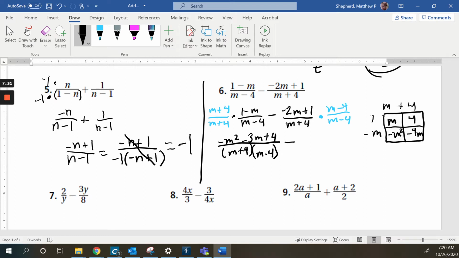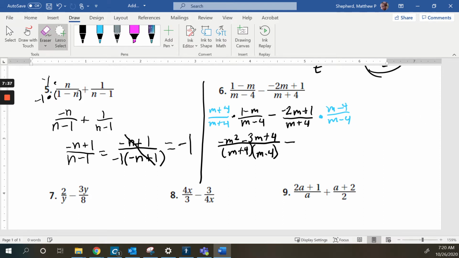Minus sign. Now let's go ahead and figure out what's going to happen over here on the right. So we'll have negative 2m plus 1 and the m minus 4.